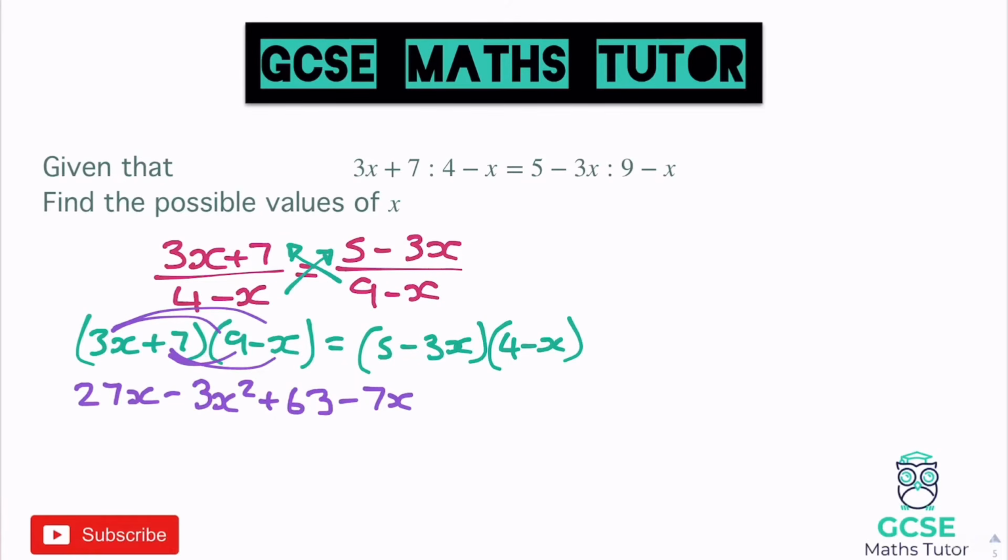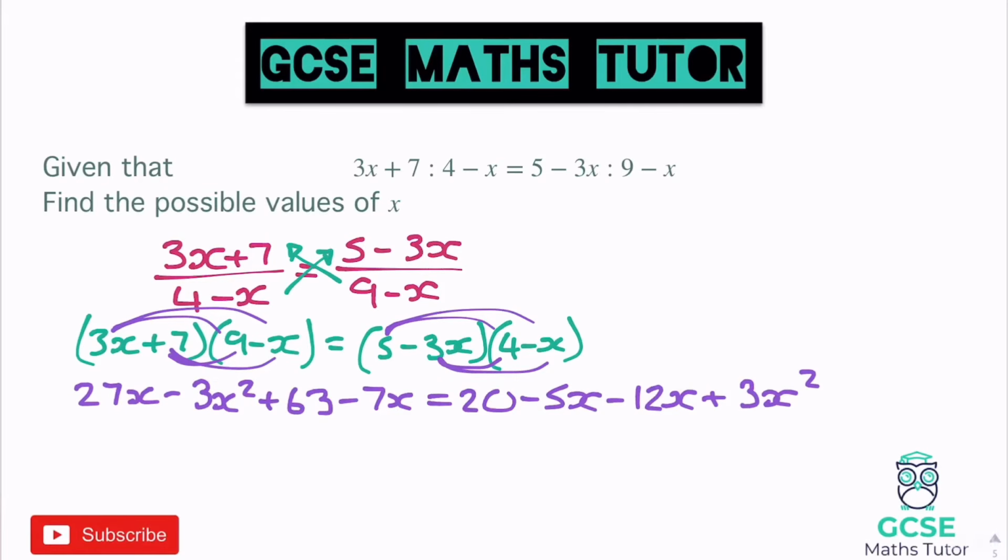There we are. I am going to take this one a little bit slower than the last few. So that is equal to 5 times 4 gives us 20. 5 times minus x gives me minus 5x. Negative 3x times 4 is negative 12x. And negative 3x times the negative x there gives me positive 3x squared. There we go.